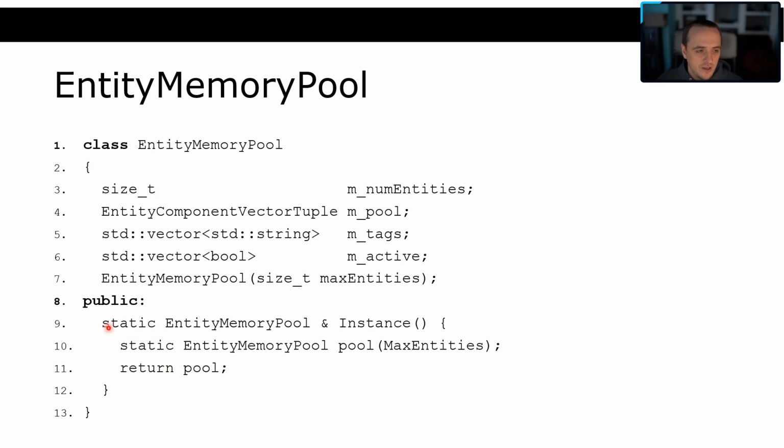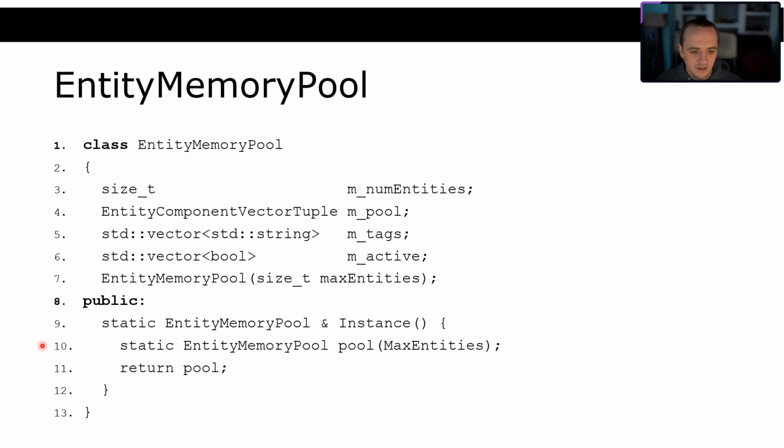Inside this static function, we create a static entity memory pool variable called pool, and we will set it up to be of length max entities. Now, whenever you have a static variable allocated in a function, that line of code is only ever actually run the first time you call that function.